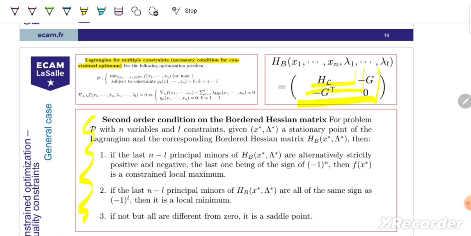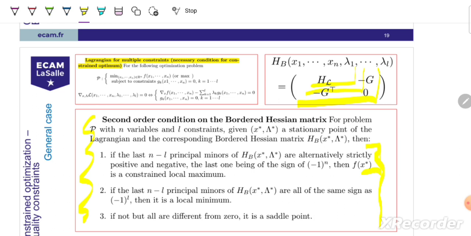These are the minors, the determinants of these submatrices, and you've got this relation: if they have the same sign, and so on.